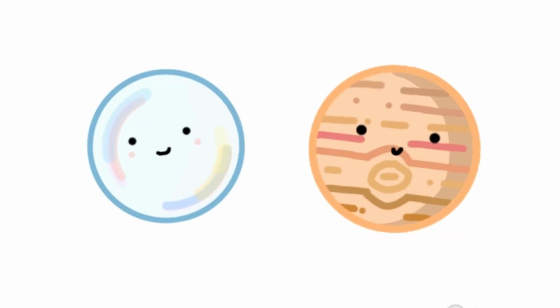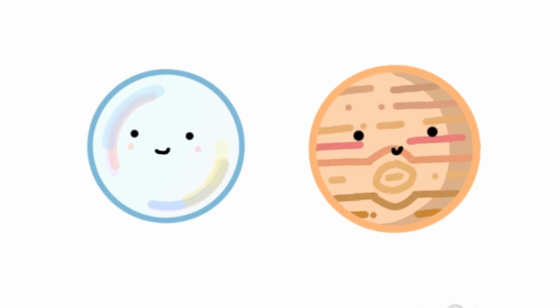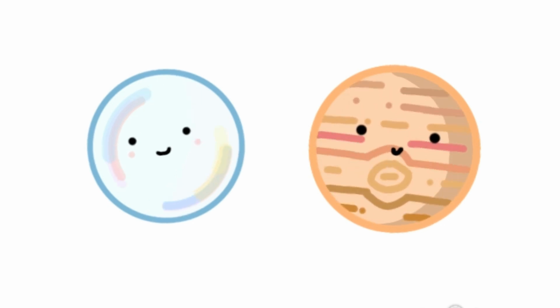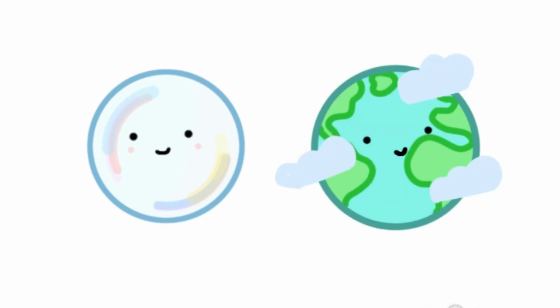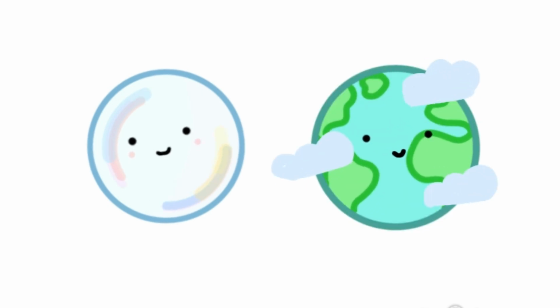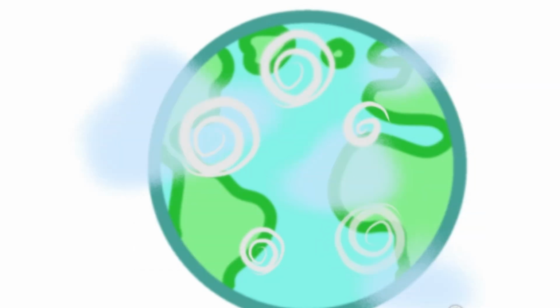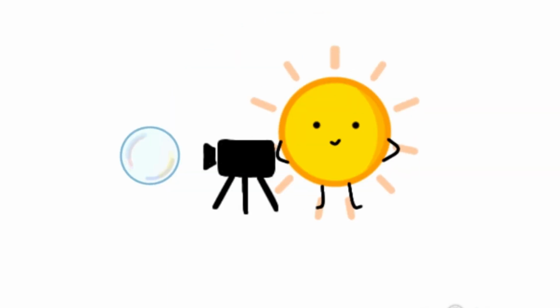A recent study reveals an intriguing parallel between small soap bubbles and colossal phenomena like Jupiter's Great Red Spot and Earth's hurricanes. The discovery stems from the resemblance found in stormy patterns, shedding light on planetary dynamics.